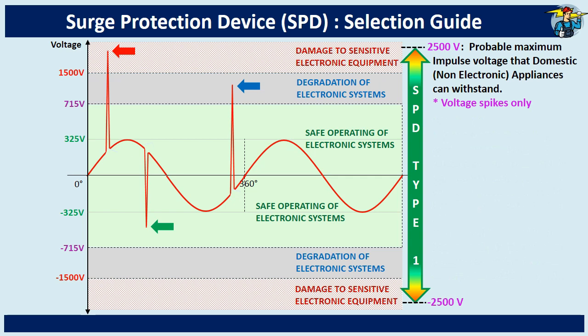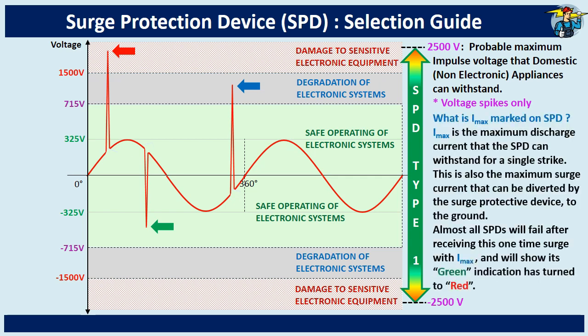What is Imax marked on SPD? Imax is the maximum discharge current that the SPD can withstand for a single strike. This is also the maximum surge current that can be diverted by the surge protective device to the ground. Almost all SPDs will end their lifespan after receiving this one-time surge with Imax, and will show their green indication has turned to red.